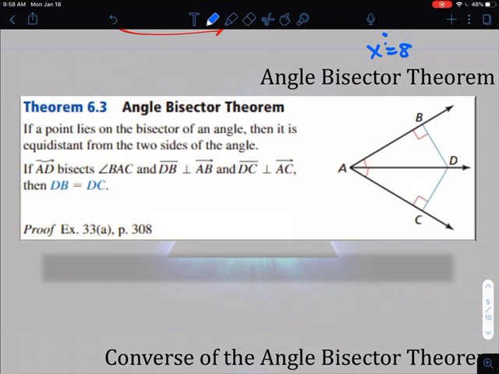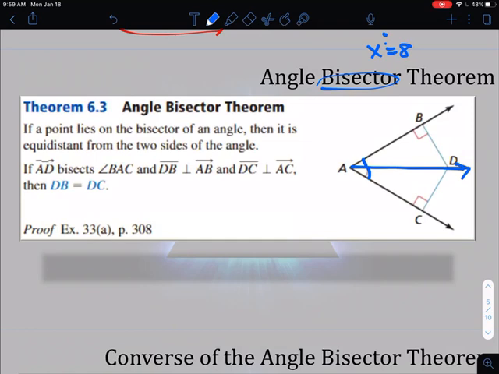Now the next thing we talk about is the angle bisector theorem, and this is almost the same exact thing as the perpendicular bisector. It's just a little bit different type of figure. So angle bisectors, remember, cut angles in half. That's what the bisect means. So when I look at the picture down here, what this theorem says is that if I have an angle bisector, so I see that those two angles are marked congruent. So AD is an angle bisector for the big angle BAC.